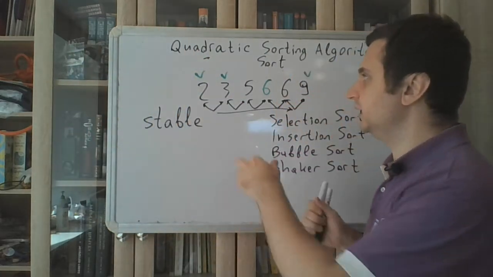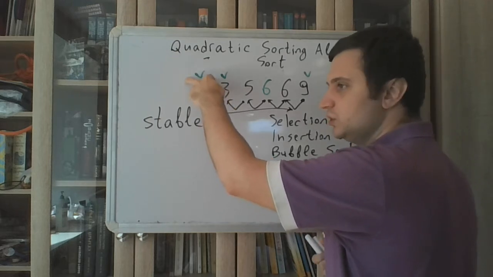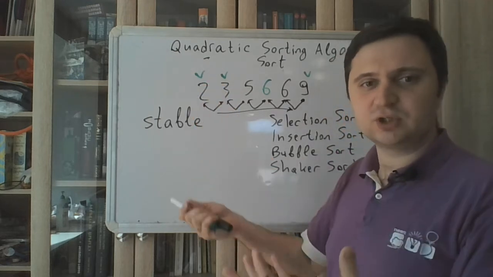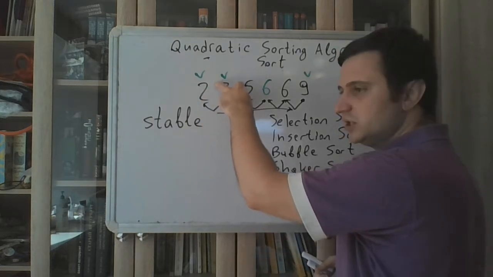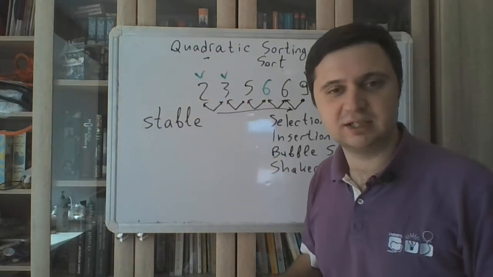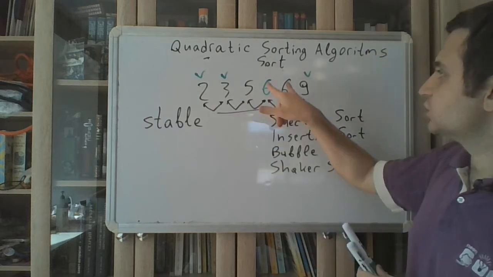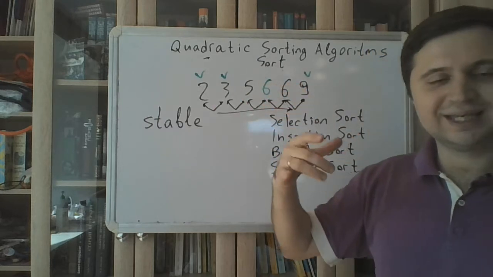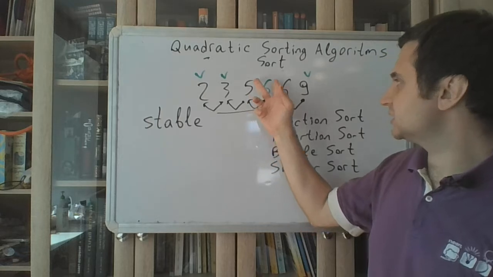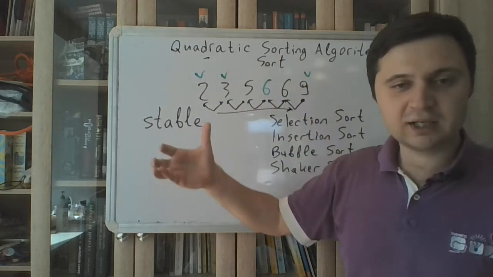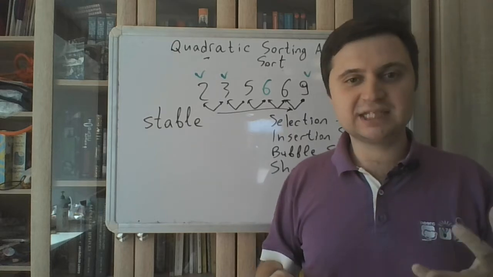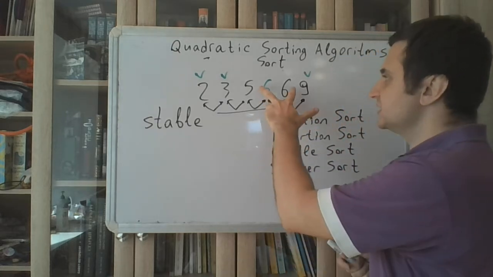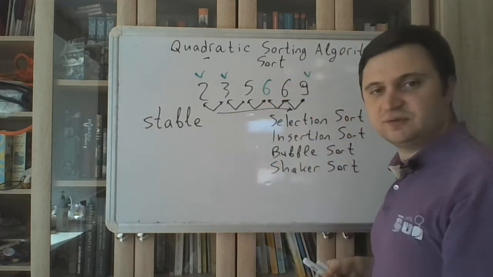So this will be a data structure, student with last name, first name, and so on, and the average score 2. This is a student with last name, first name, and average score 3, and so on. So there are elements with equal average score, 6 and 6, but this has one last name, and this person has another last name.